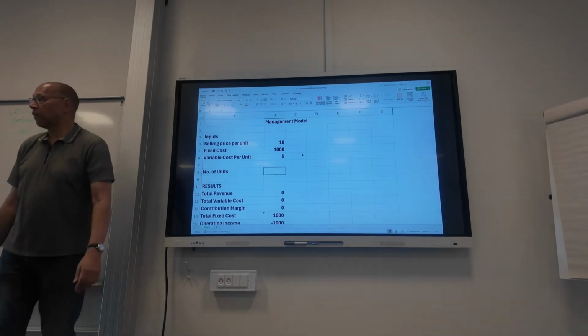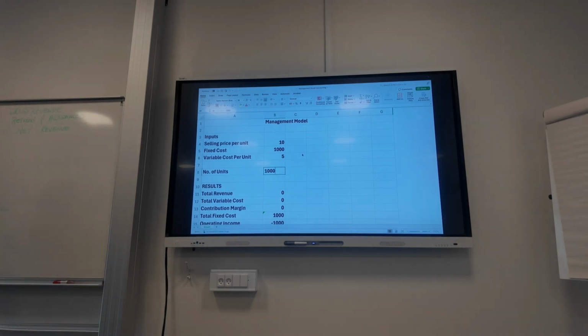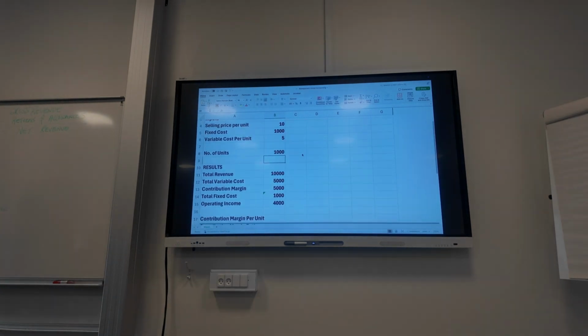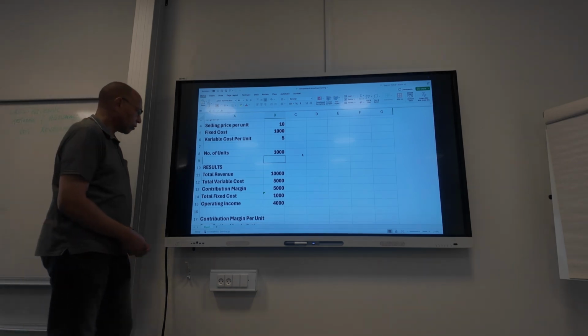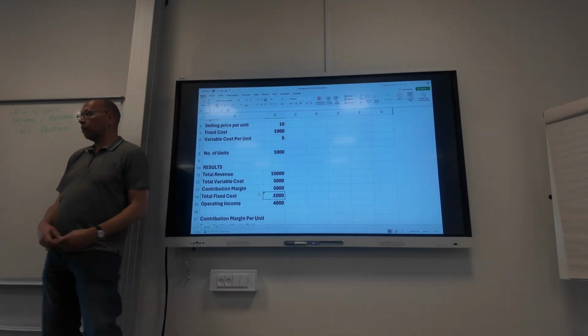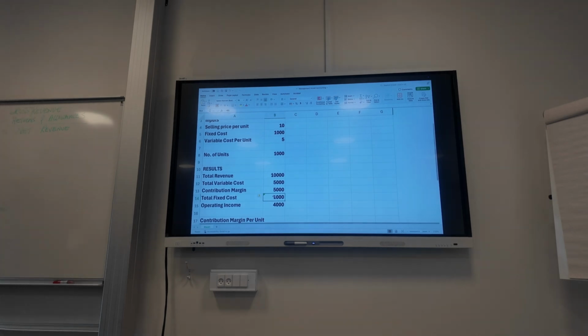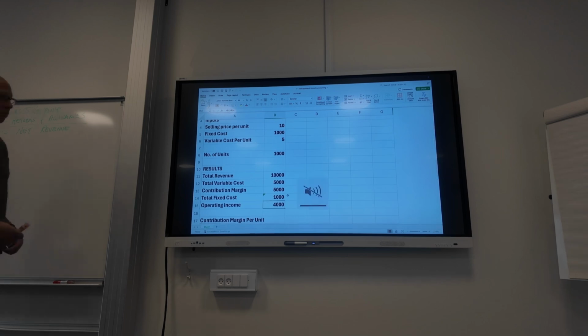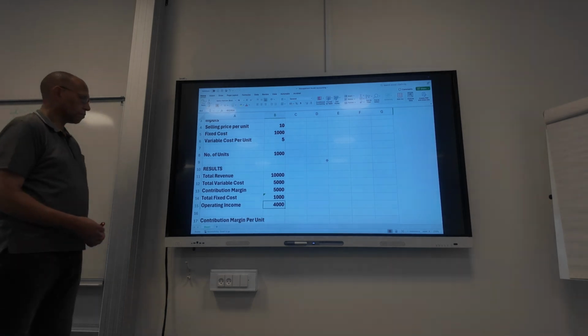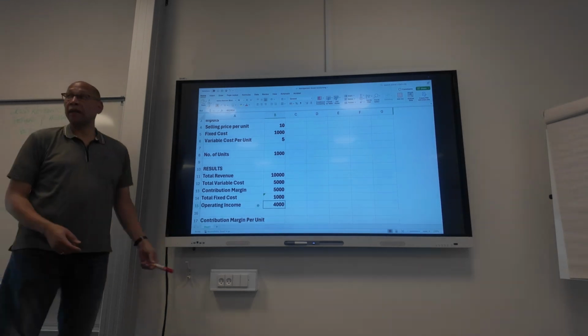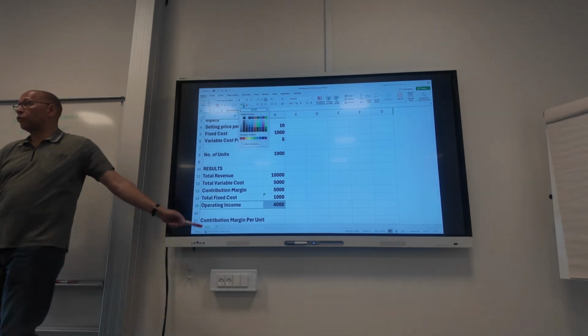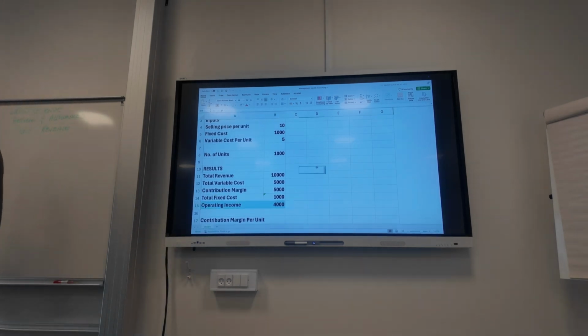And then make the number of units 1,000. So now our model should be showing us we're going to make a profit of 4,000. Right. Now, everybody's model produced that? Yes?